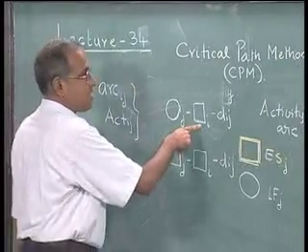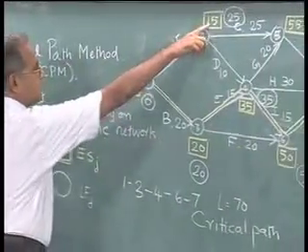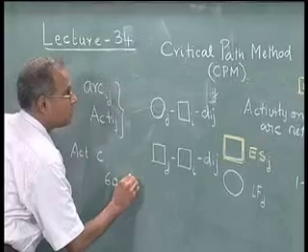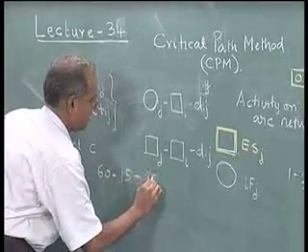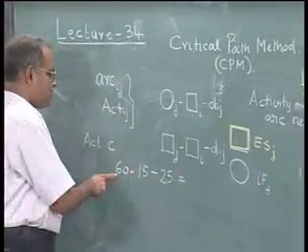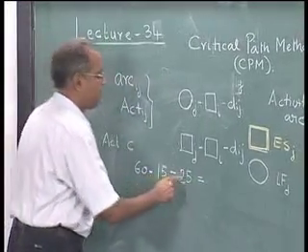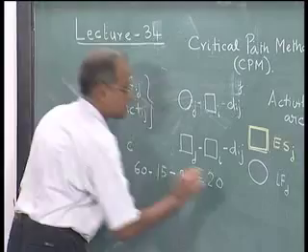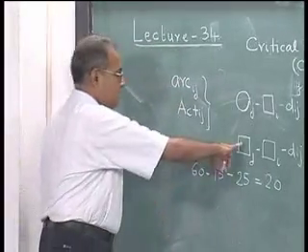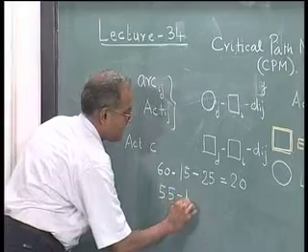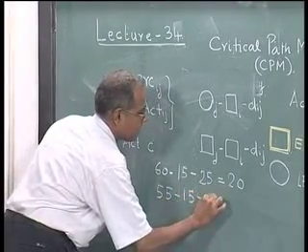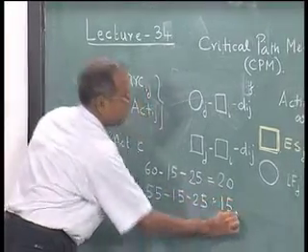The forward pass label is the label corresponding to this, which is 15, minus the duration, which is 25. So, this will be 60 minus 15 is 45, minus 25 is 20. Now, the second one is 55 minus 15 minus 25, which is 15.